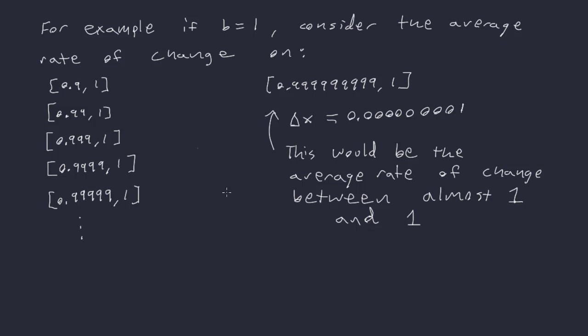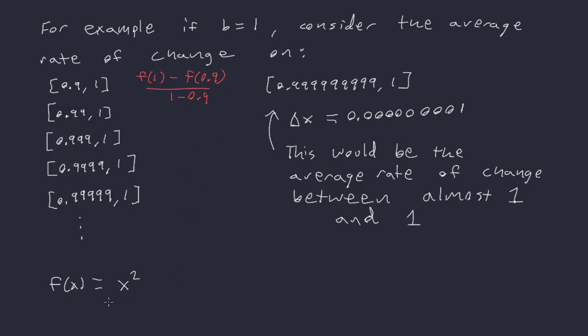So if we were to do this with something simple, like x squared. For the 0.9 to 1, the average rate of change for this first one would be f of 1 minus f of 0.9 all over 1 minus 0.9.